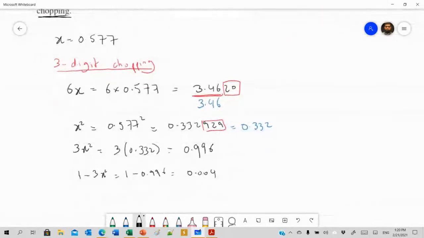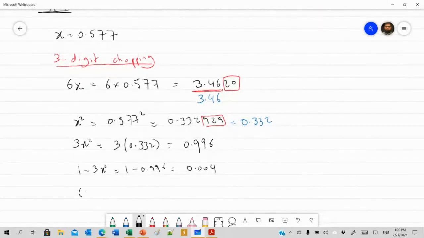In the denominator, we have 1 minus 3x square, the whole square. So 0.004 squared, we'll have 0.000016.